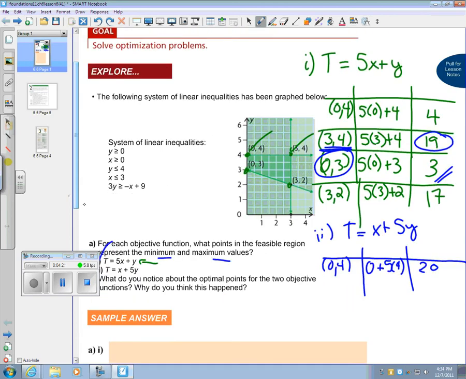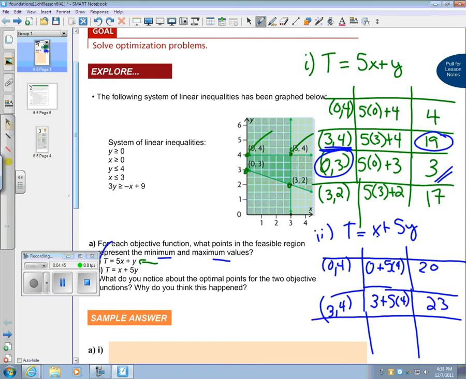Running low on space. Let's try the point (3, 4). So I go 0, nope, x is 3, plus 5 times 4. So 20 plus 3 is 23.